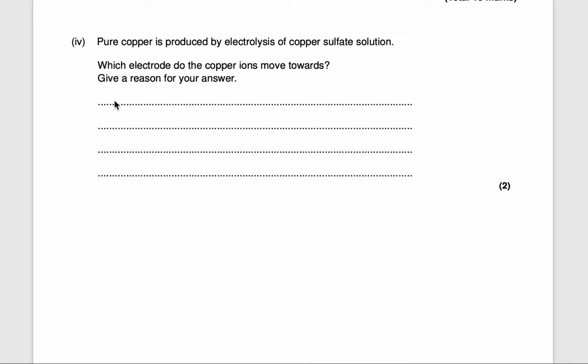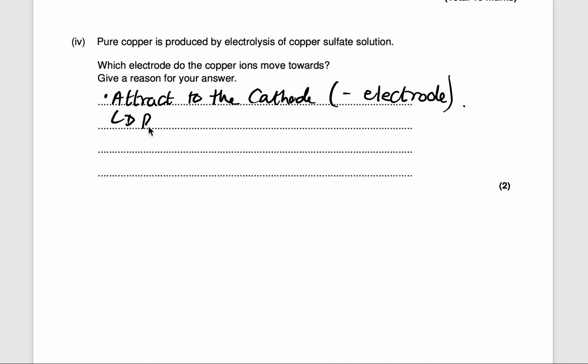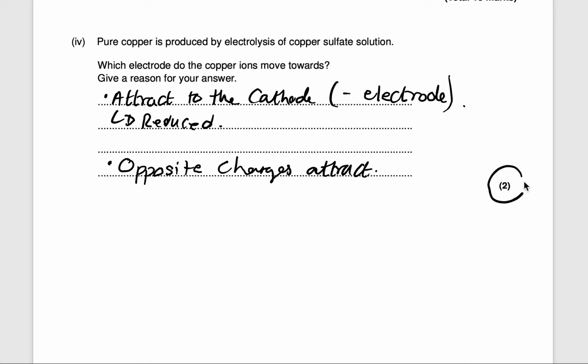It's going to be attracted to the negative electrode, the cathode, and over here it's going to be reduced. And why does this happen? Well, opposite charges attract. And that will get you 2 marks.